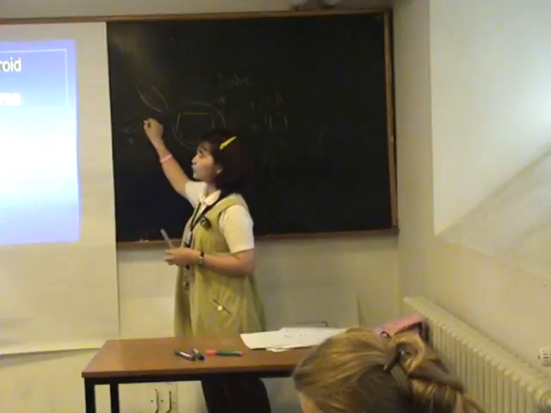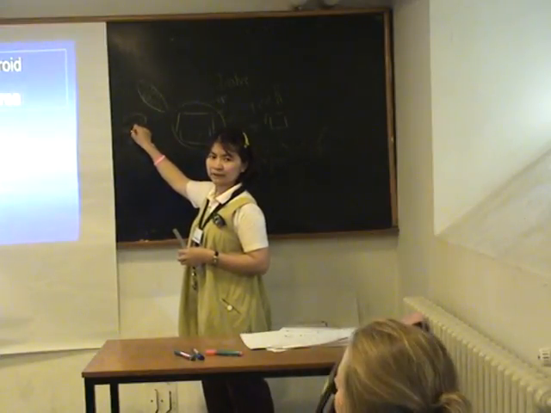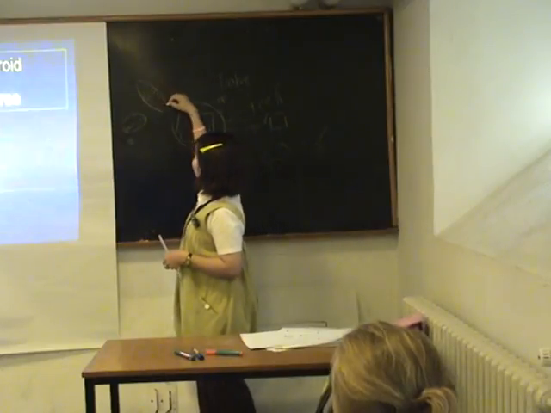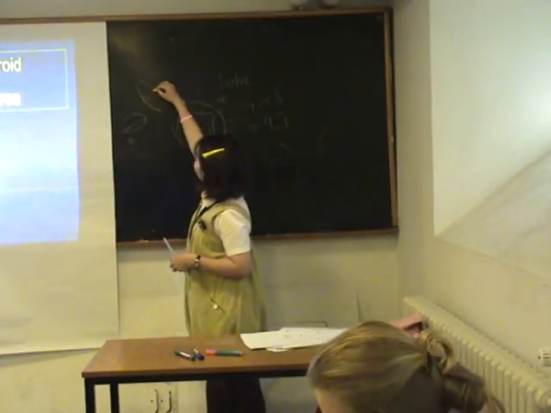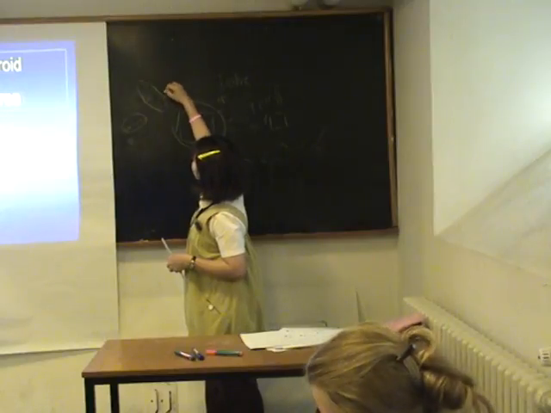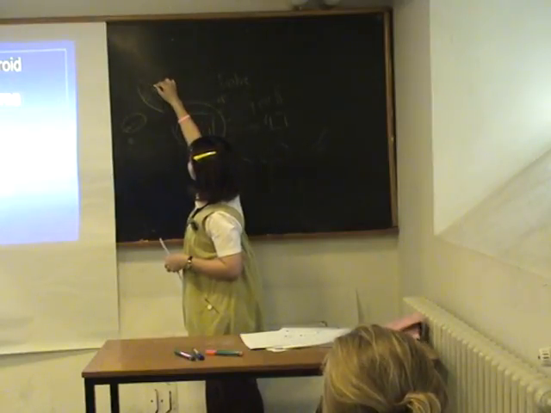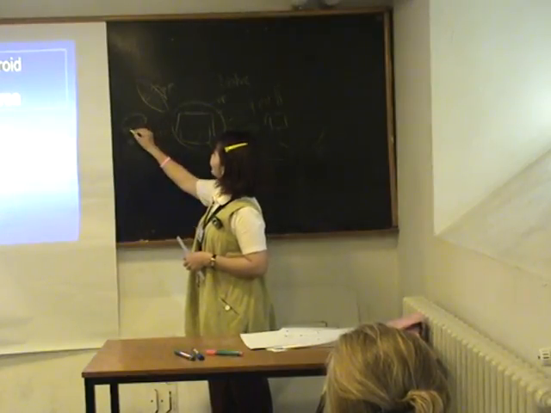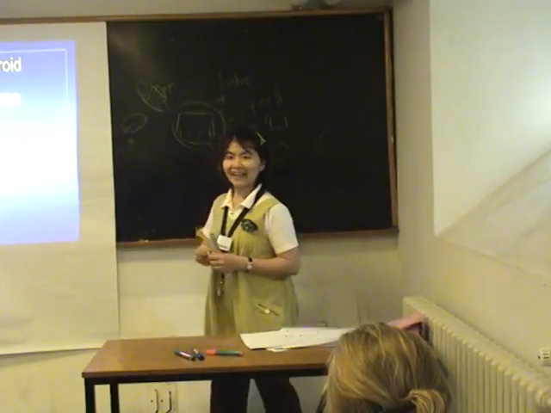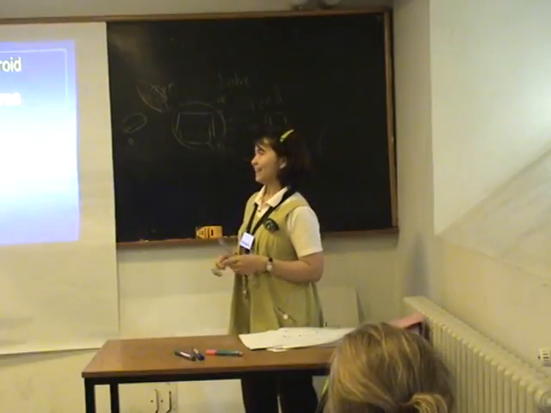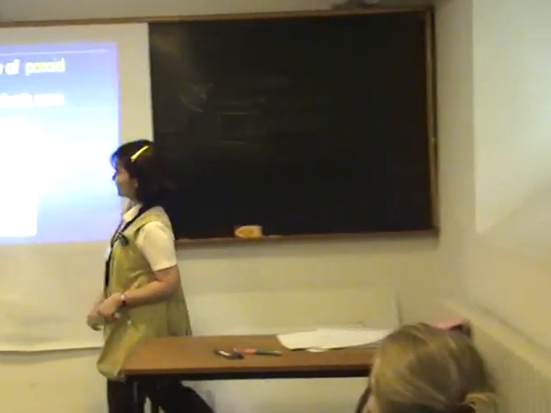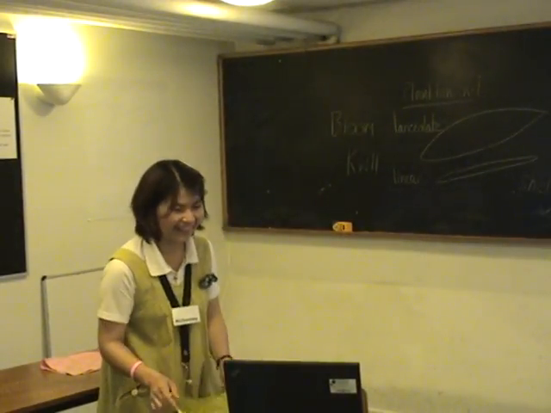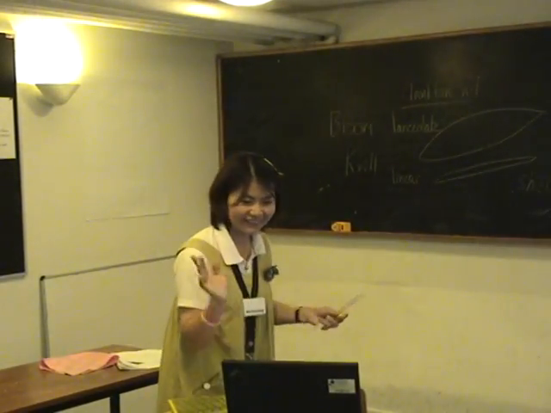We just count the poroids in 1 micron and how many of them, and we count how many striae in 10 micron. Yeah, you can count it. Can you understand? Okay, let's see if you are wrong. If you answer wrong, that means you do not understand.